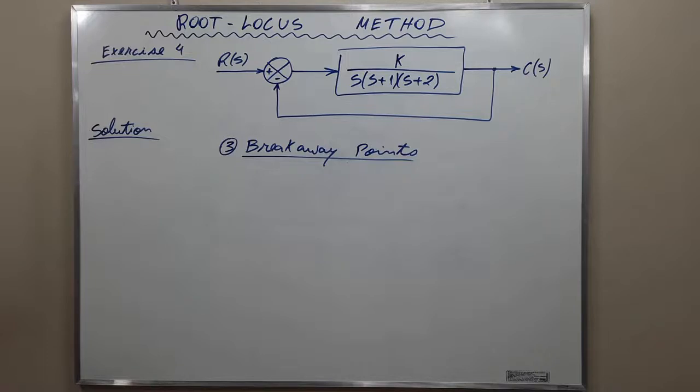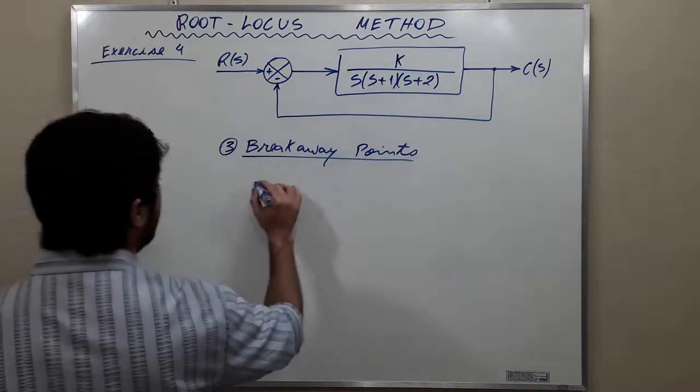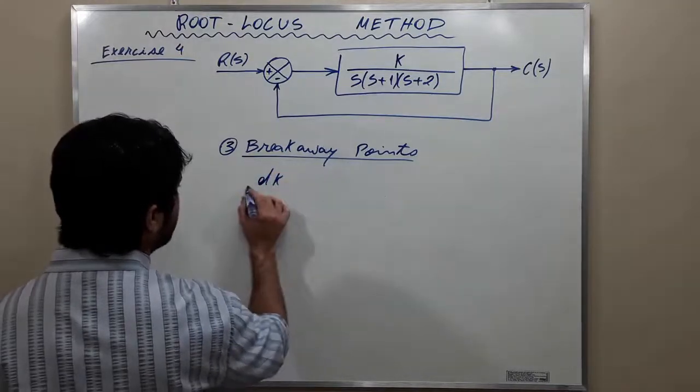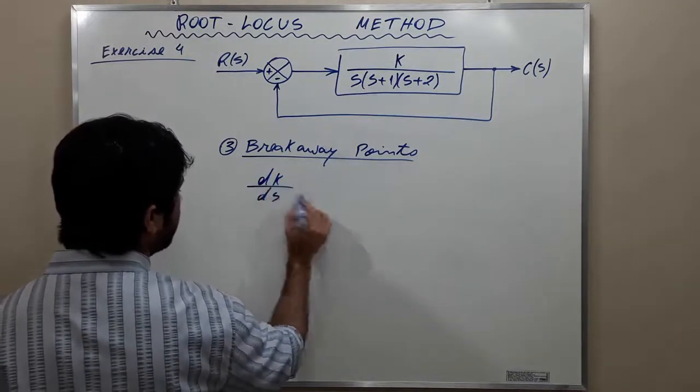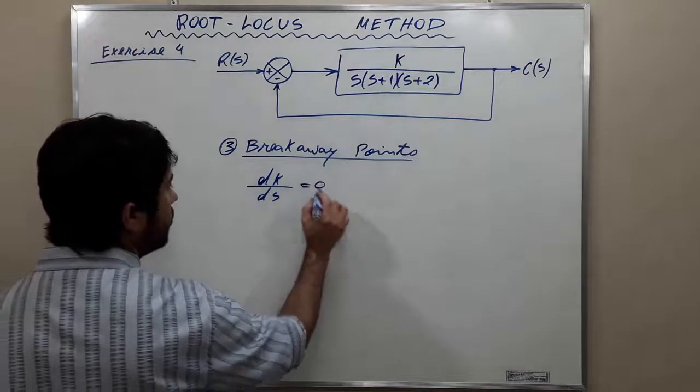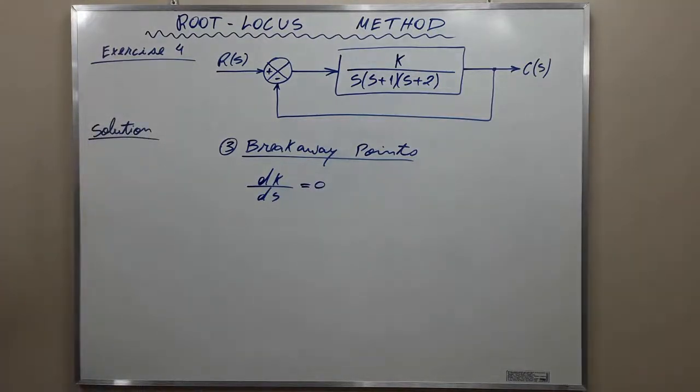They can be determined from the roots of the equation. We are going to differentiate k with respect to s and equal it to 0. This is how we find the breakaway points.